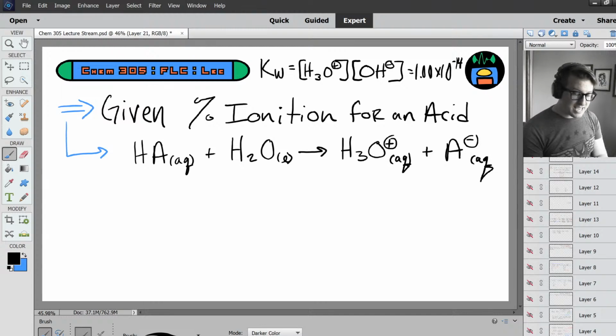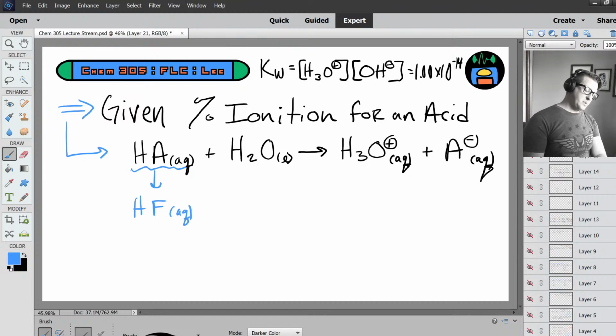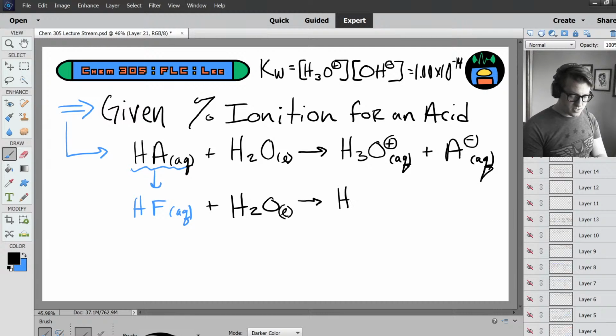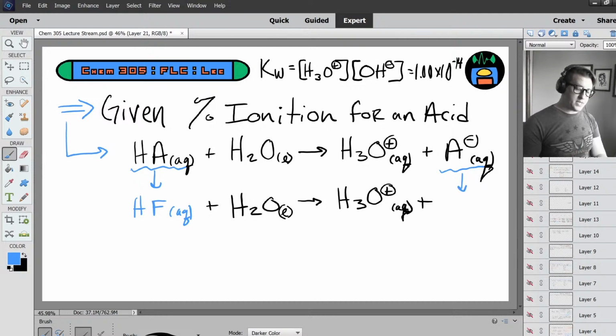In this case, the acid we were given was hydrofluoric acid. So you do hydrofluoric acid reacting with water to produce hydronium plus, now our conjugate base is what's left over after HF donates its proton, so it'll just be F minus.